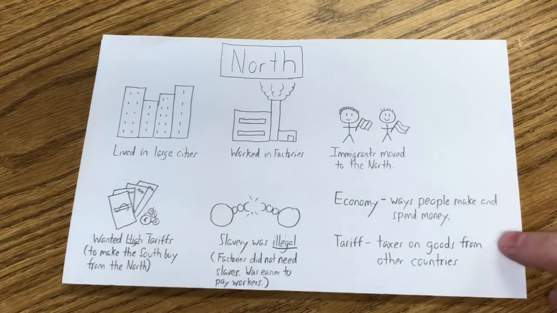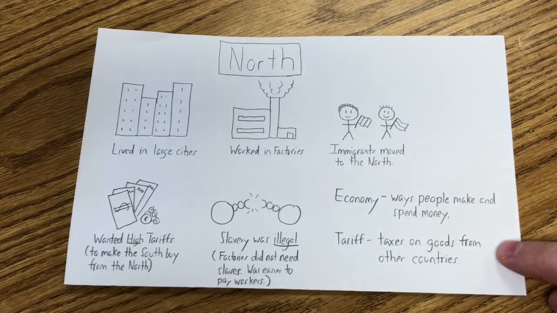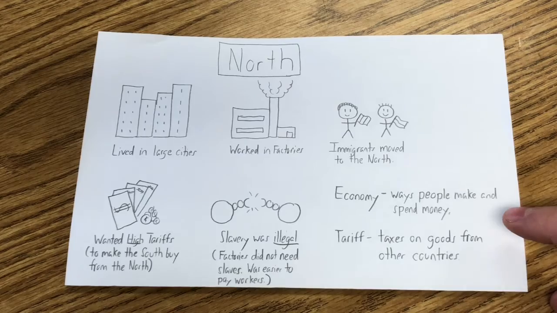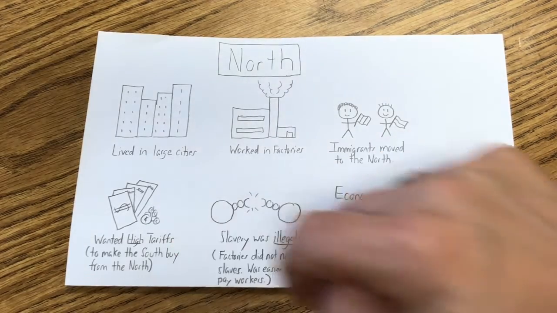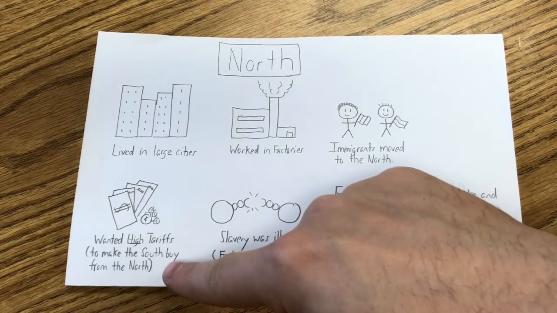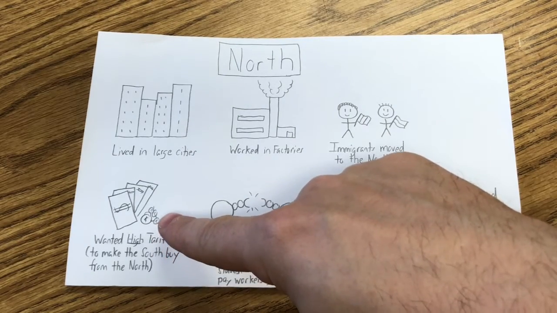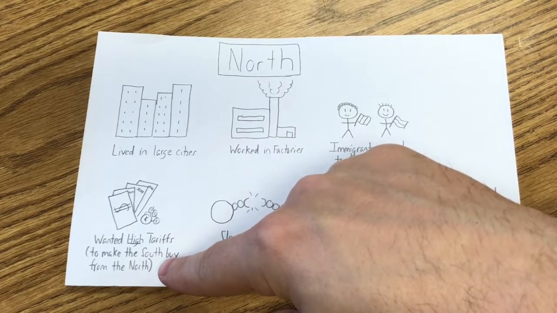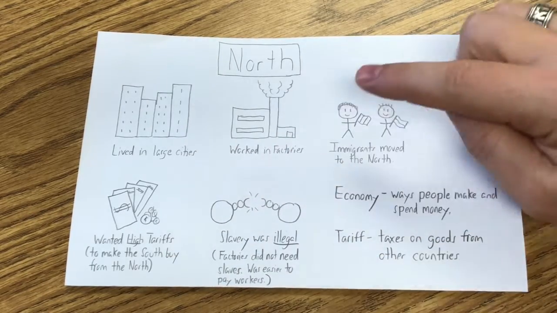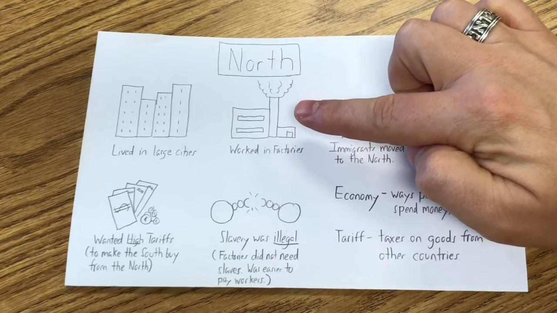Now, you're also going to read about tariffs. A tariff, which I have over here, is a tax on goods from other countries. So if something's made in another country and they want to sell it in the United States, we usually add a tax called a tariff. And the North, they wanted high tariffs. They wanted high taxes so that the South would want to buy from the North factories because that would make the North factories' products cheaper.